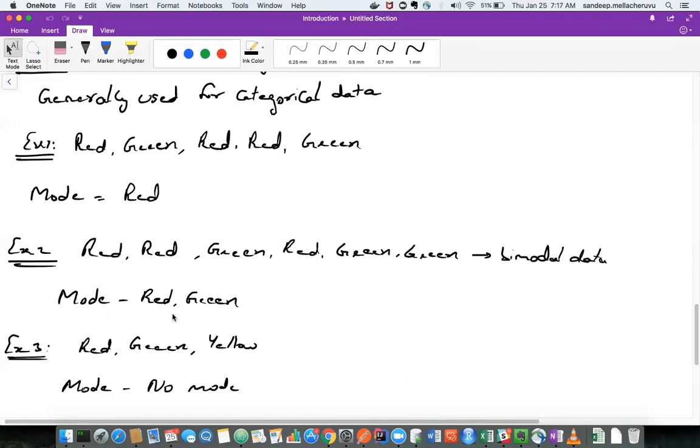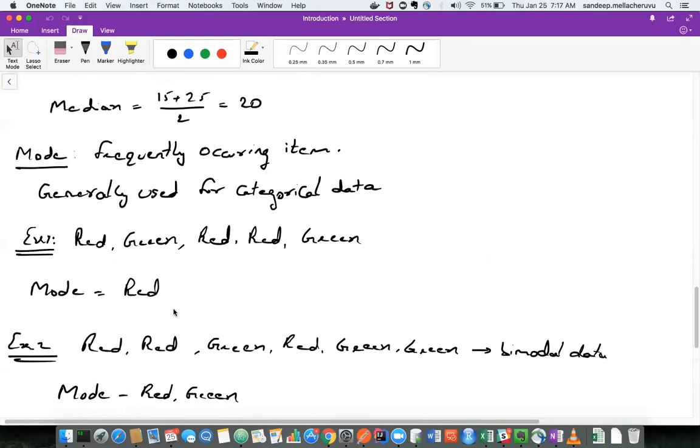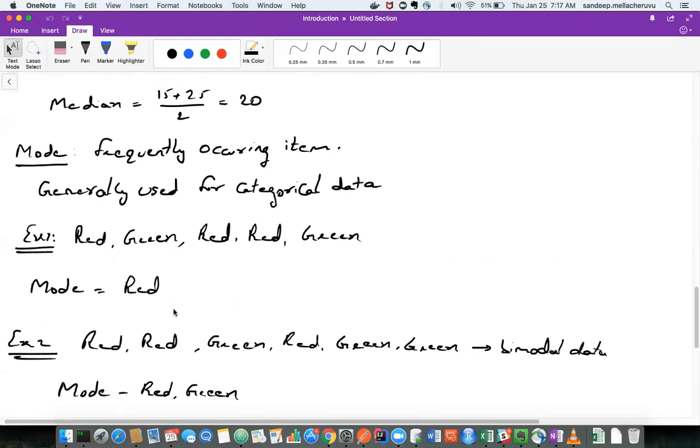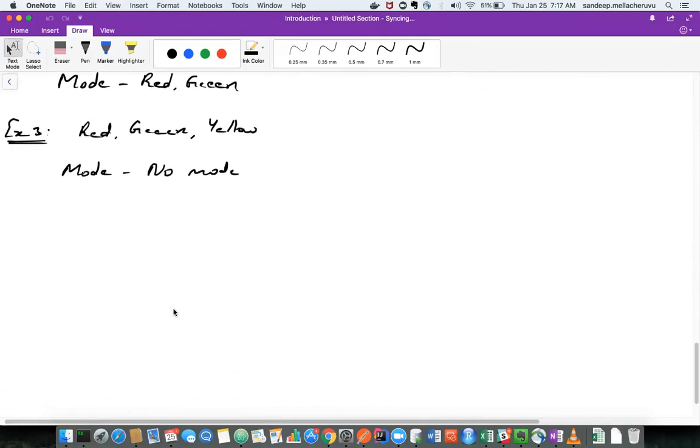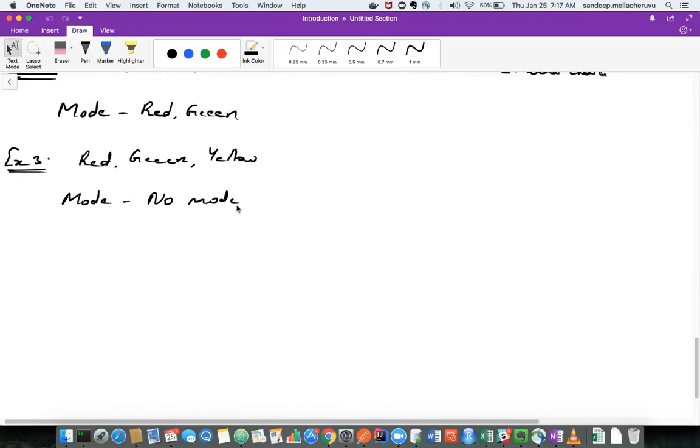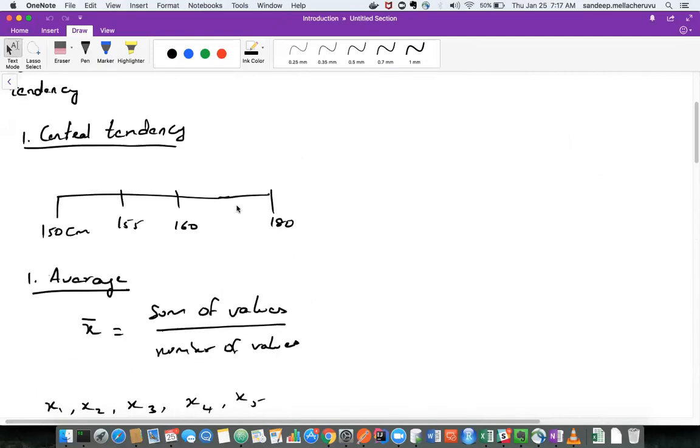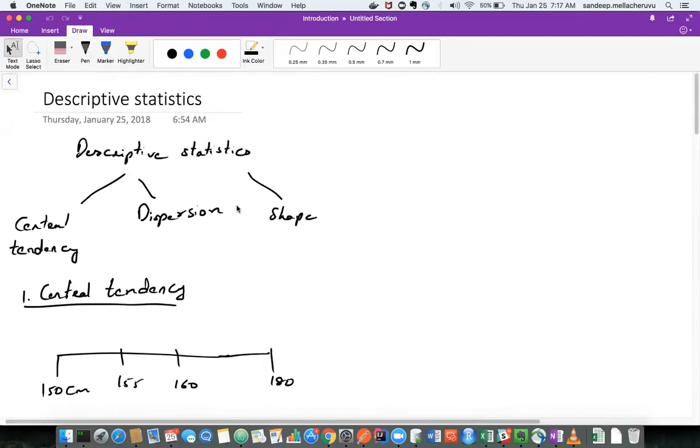It's not always possible that you will have a mode, and it's perfectly okay to not have a mode many times. So we are done with central tendency. Any other questions on central tendency?